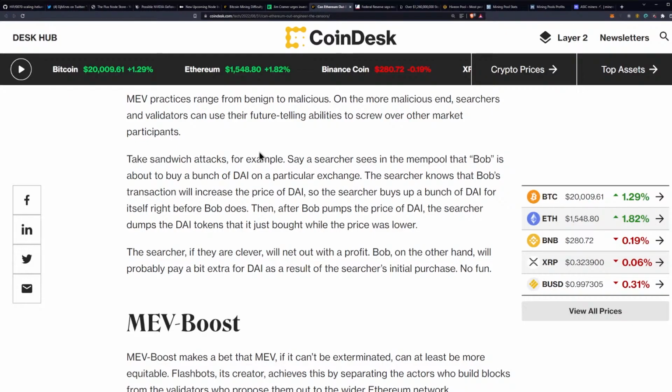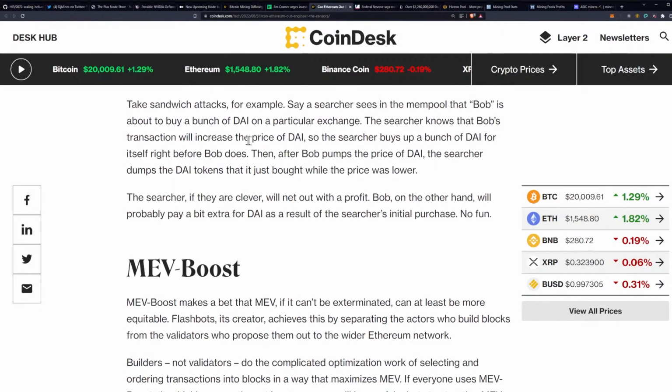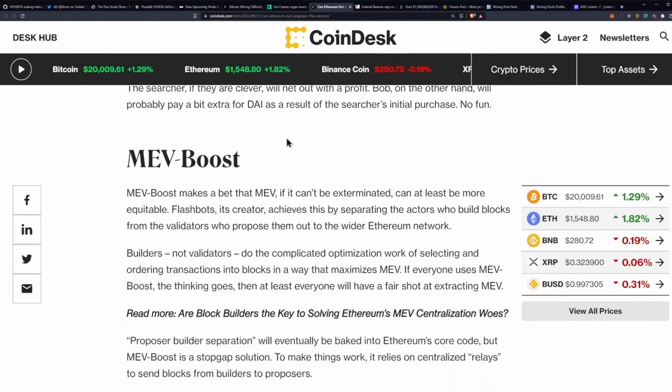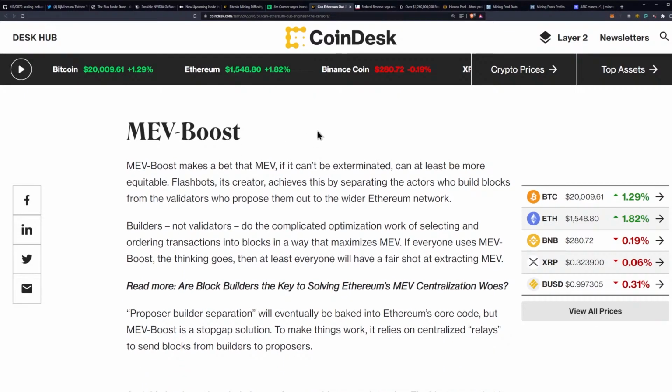Then, after Bob pumps the price of DAI, the searcher dumps the DAI tokens it just bought while the price was lower. The searcher, if they are clever, will net out with a profit. Bob, on the other hand, will probably pay a bit extra for the DAI as a result of the searcher's initial purchase. No fun.